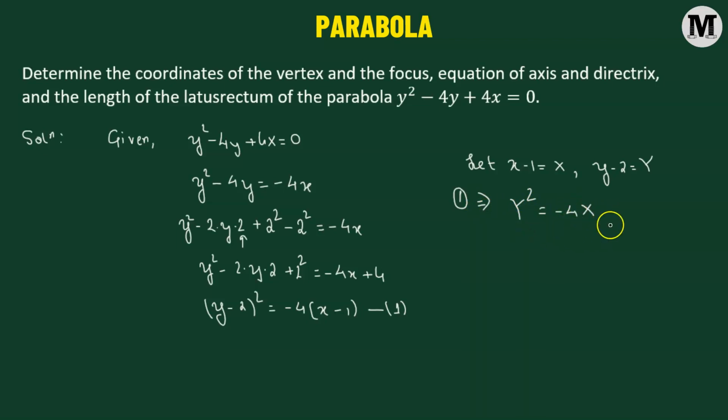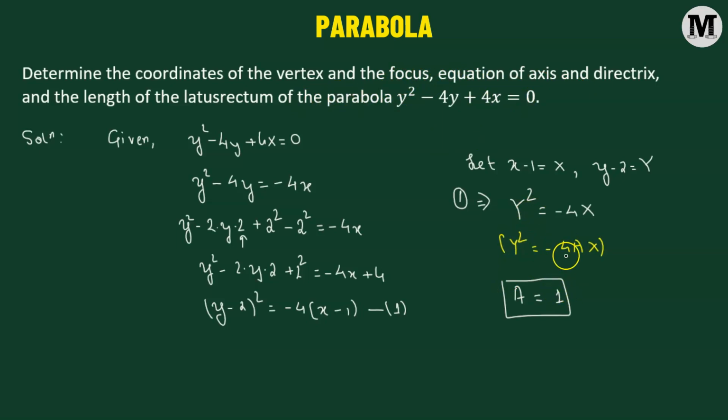Now clearly this is an equation of a parabola expressed in the standard form. Here if we compare it with the form y squared equals negative 4ax, then our value of a comes out to be equal to 1. So our a value is 1. This is going to help us obtain the different parameters, the focus, the vertex, etc.